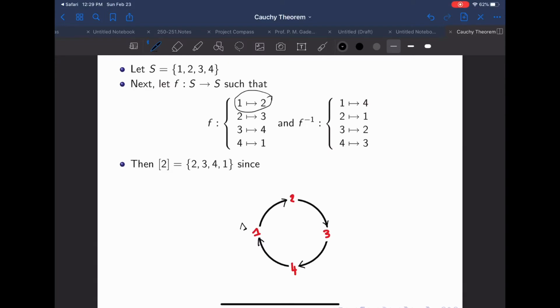And then what happens to 2? 2 goes to 3, okay, and 3 goes to 4, and 4 goes back to 1. So this tells us that the orbit of 2, or the equivalence class of the element 2, is the set containing 2, 3, 4, and 1. Now, notice that this is actually all of S. So in this example, we have one orbit. Or in other words, we have one equivalence class.